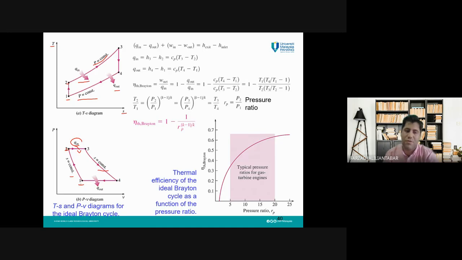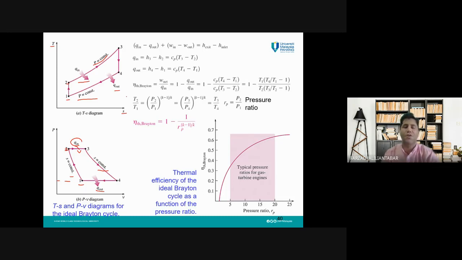And from state 4 to state 1, a constant pressure heat rejection process. And if you notice here, we have constant pressure processes, and it is a useful thing to have higher thermal efficiency.